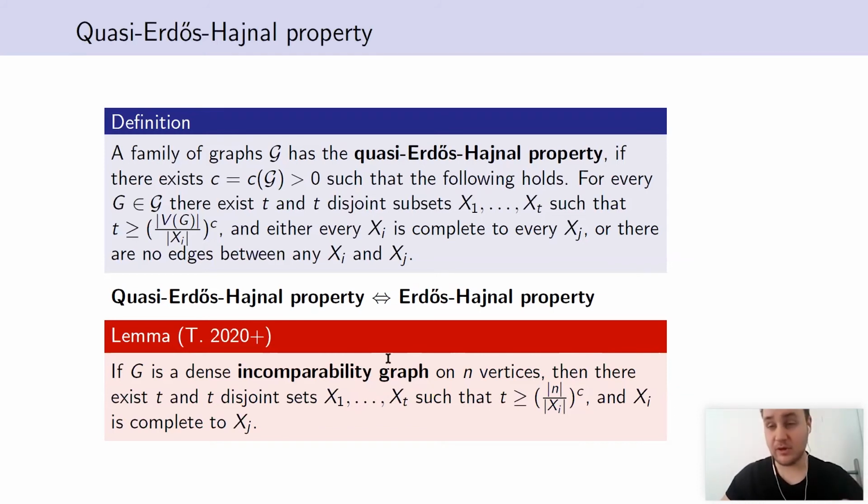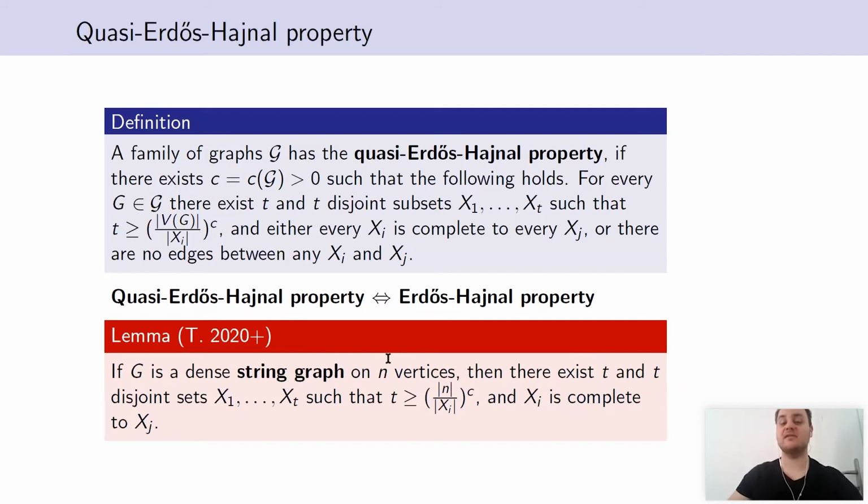But then, remembering this previous result of Jacob and Janusz, that every dense string graph contains a dense incomparability graph, we immediately get that if G is a dense string graph, then the same result holds. Now let me remark that this exponent C only depends on the density of the string graph, nothing else.